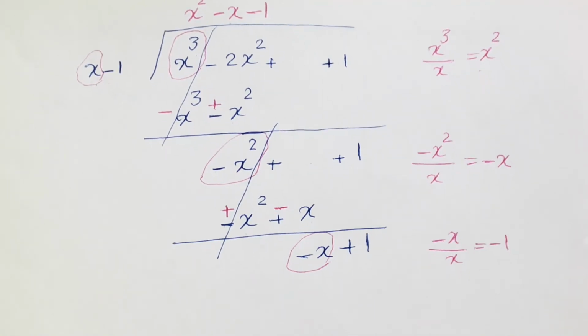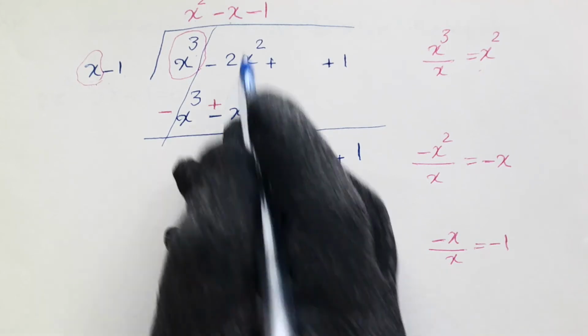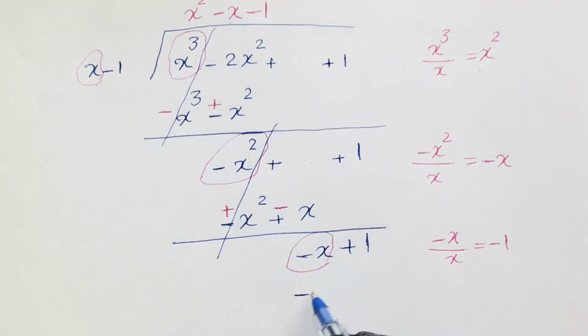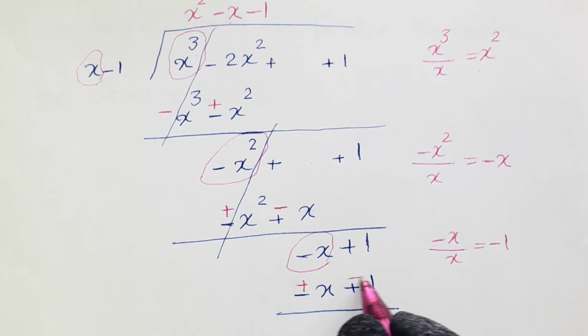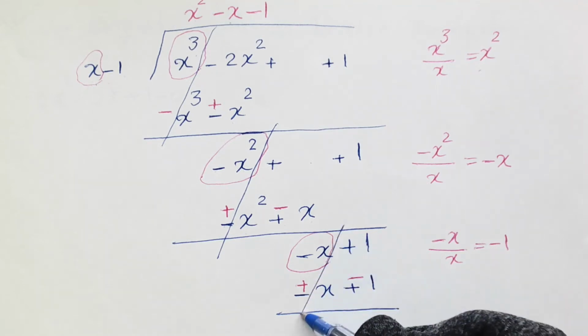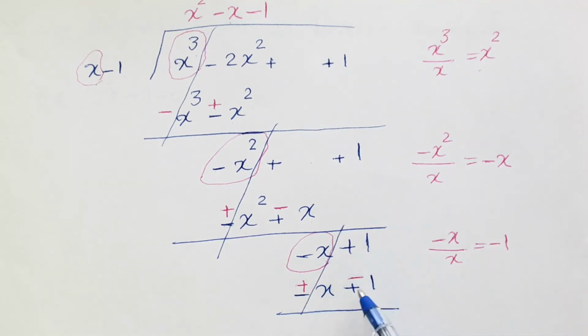Now negative 1 times x minus 1 is going to be minus x, negative times negative, positive 1. So if I switch signs, negative to positive, positive to negative, these two cancel each other, and positive 1 minus 1 is 0.